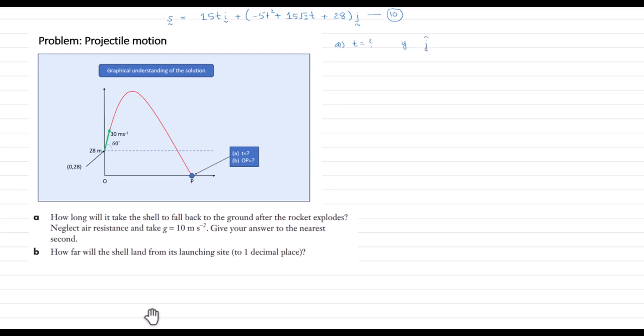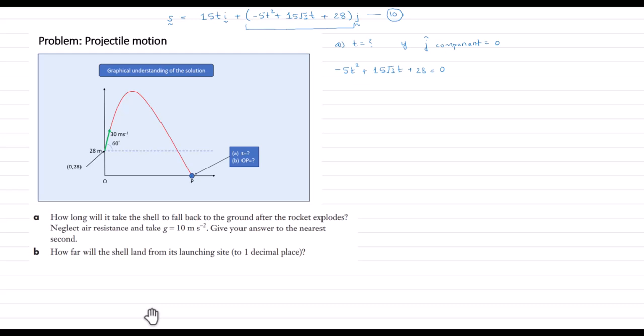Which means in equation number 10, this part should be equal to 0. Let's put that condition and try to find out the value of t. So this will be minus 5t square plus 15 root 3 t plus 28. This should be equal to 0 at point P.